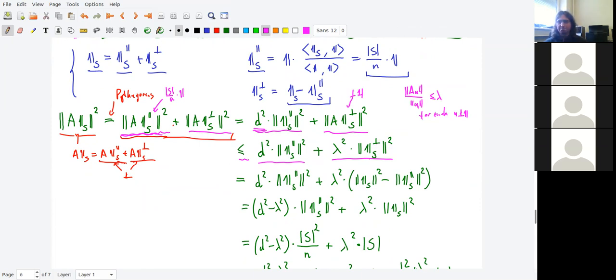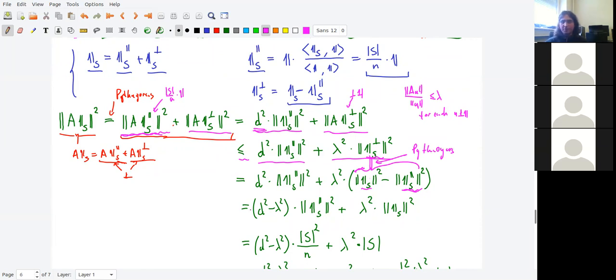Let's rewrite the orthogonal part in more understandable terms. This is just the difference between the whole vector and the parallel part, and because these two are orthogonal to each other, I can use Pythagoras theorem again to say that this norm square is equal to the difference between the squares of norms. Perfect.